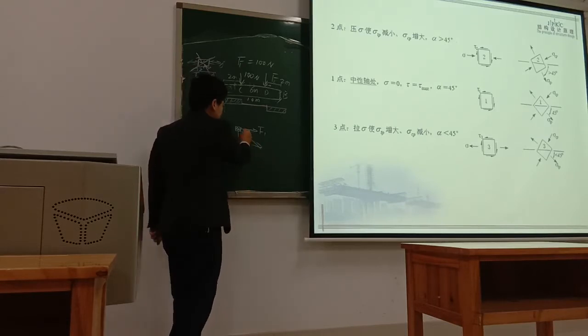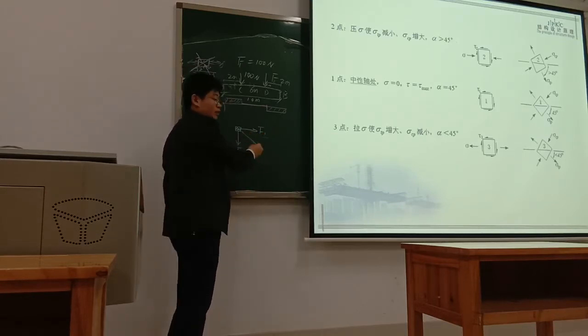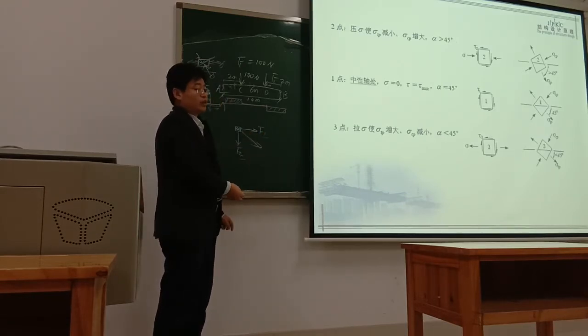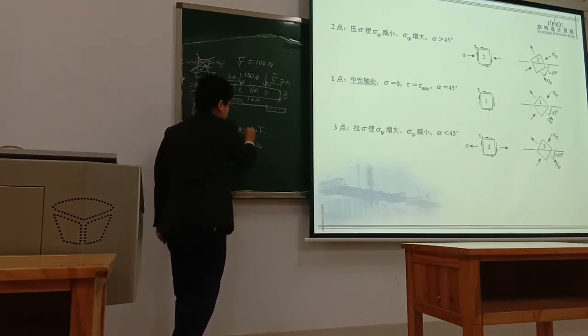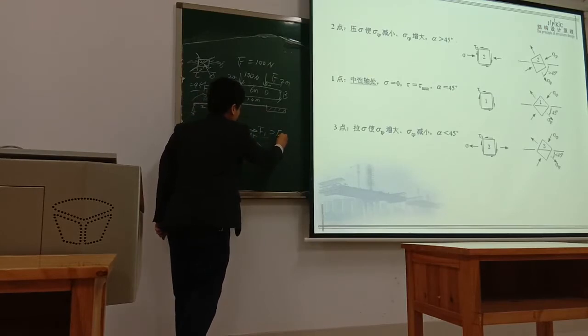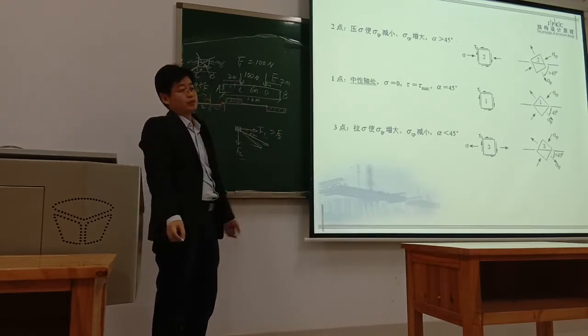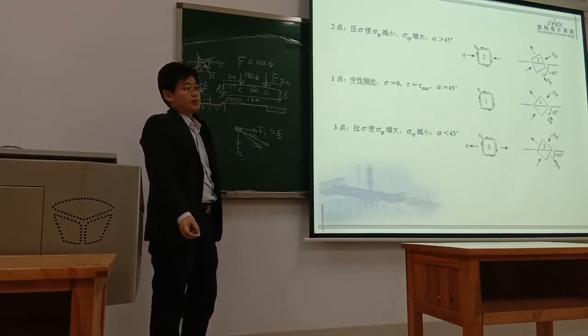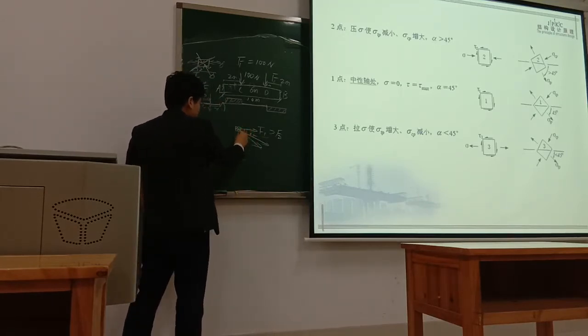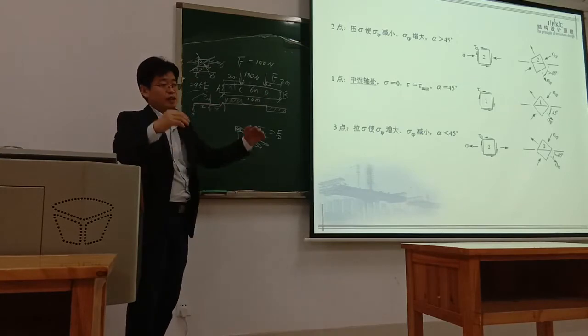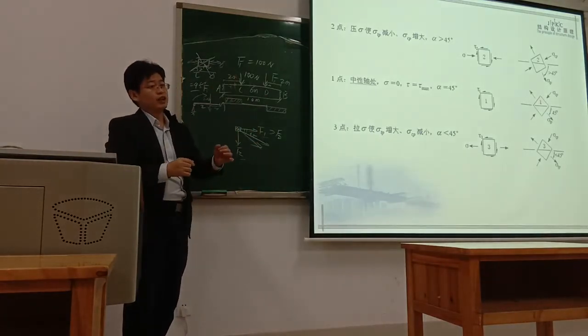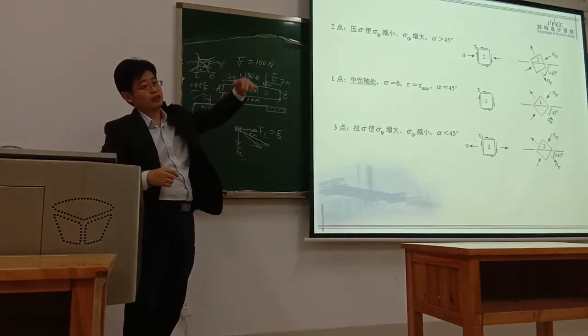Of course, it is based on whether the value is larger or not. If this value is equal, of course this is 45. If F1 is not equal to F2, of course it is smaller than 45 degrees. So that's just like here. The compression stress and the shear stress, the resultant stress is at 45 degrees.